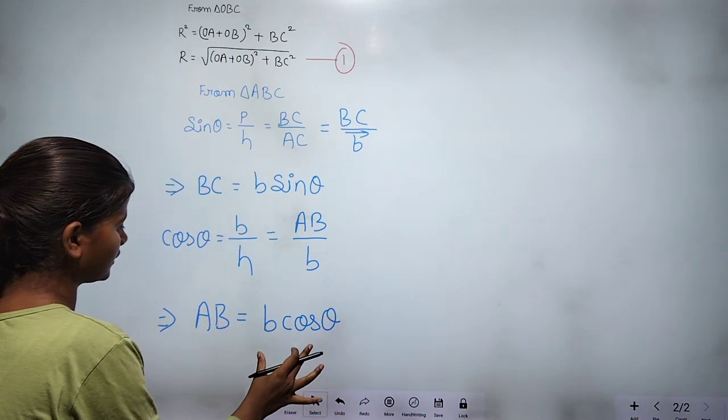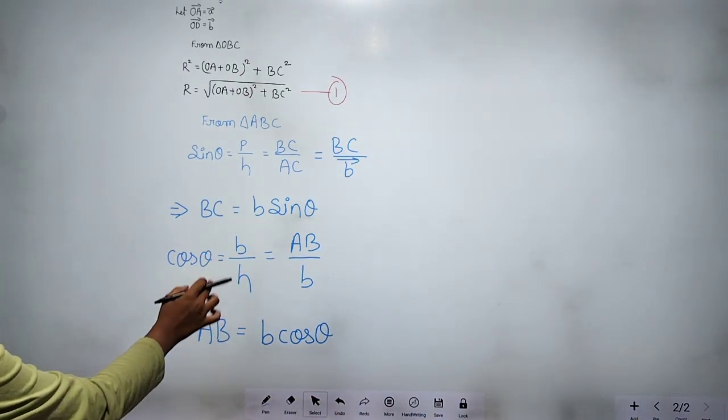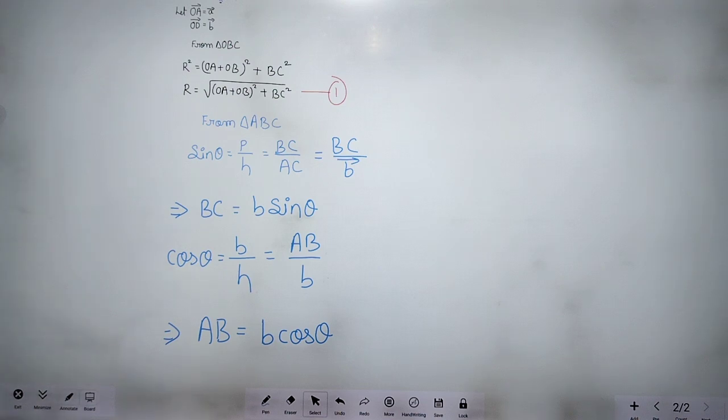Okay, so from here we get the value of AB and BC.